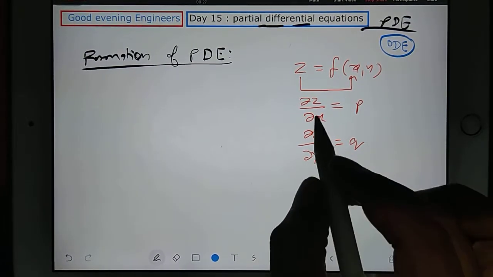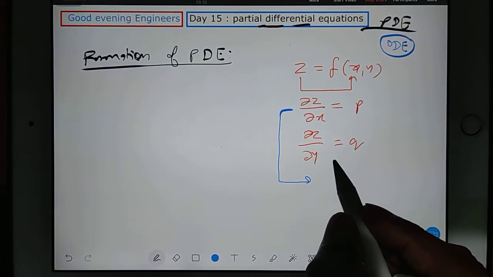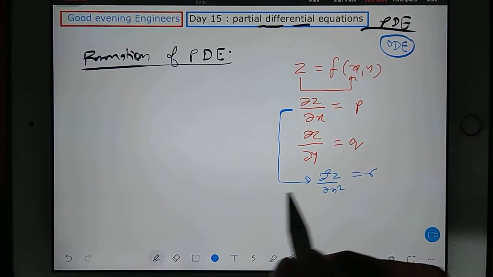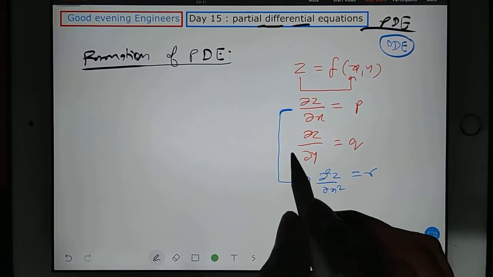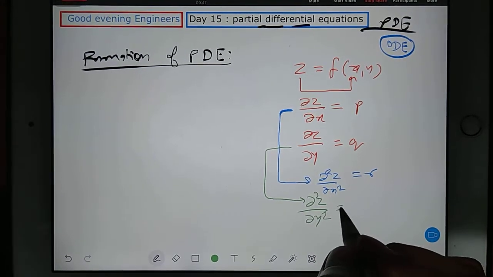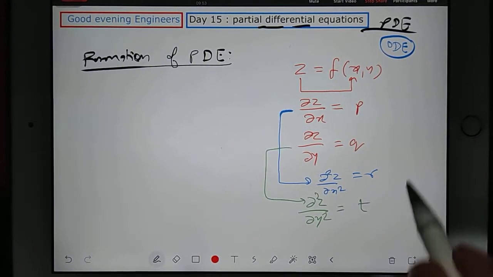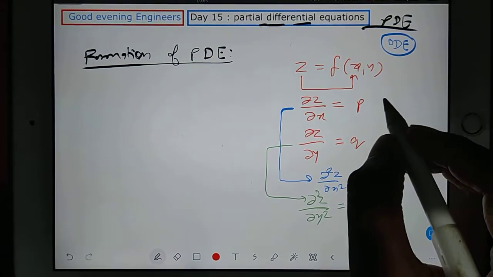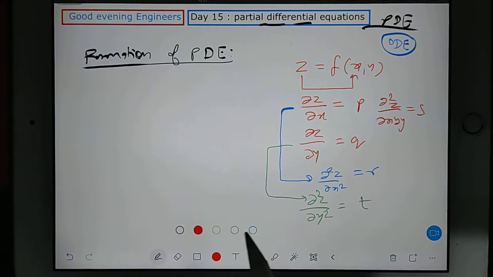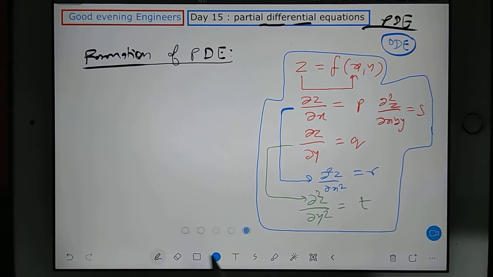If you differentiate dou z by dou x one more time, like dou 2z by dou x square, that is r. If you differentiate dou z by dou y one more time, like dou 2z by dou y square, this is t. And one more term, dou 2z by dou x dou y, we call as s. So these are the symbols we have to use in the partial differential equation chapter.